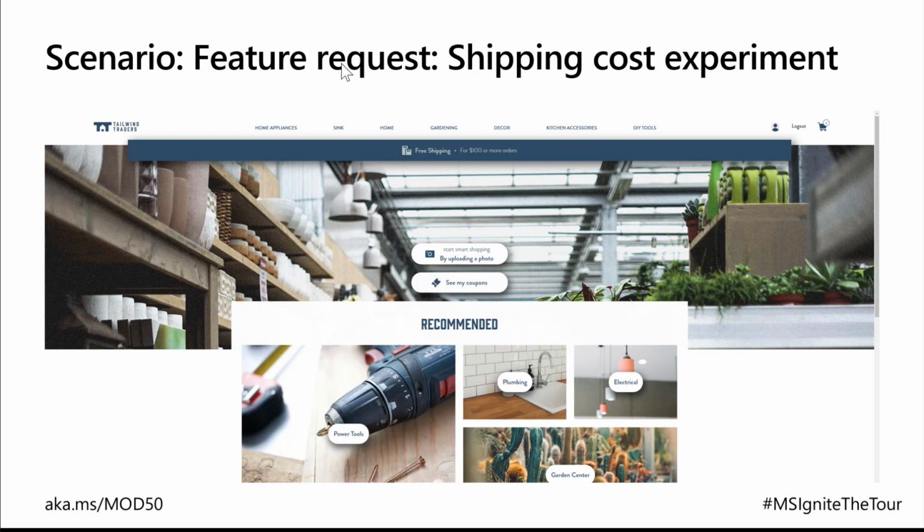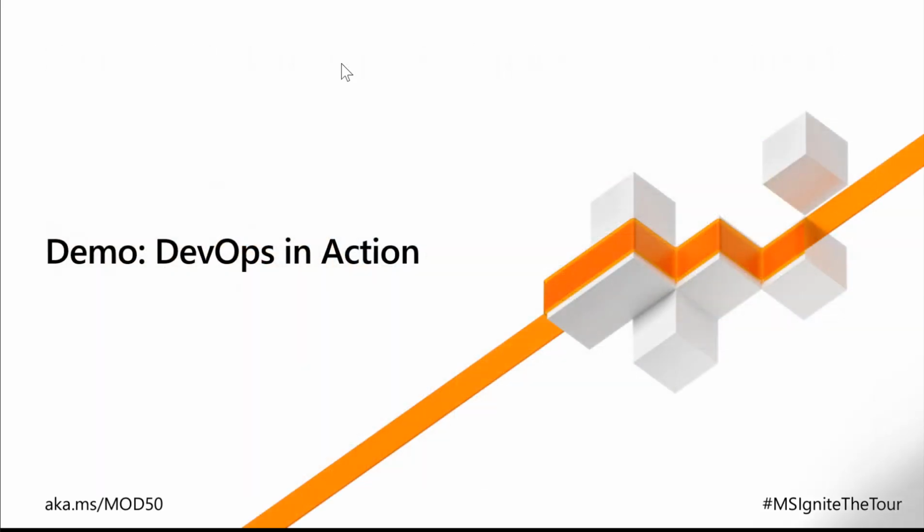So in other words, maybe you have a few less sales at $250 shipping, but the margins might be okay. So the sales team approves that, and now they say, okay, great. So it's Thursday. Can you put that into place by tomorrow? Because we want it for the weekend. And because the ops and devs team have a great DevOps system in place, they say, of course, sure, absolutely, we can do that. So let's get going with that demo.